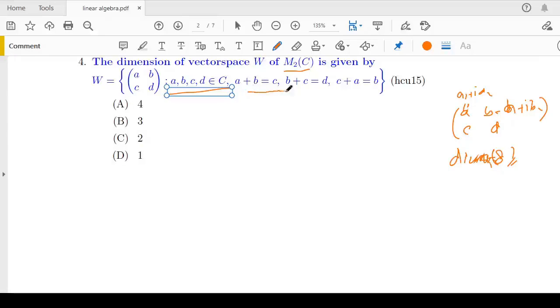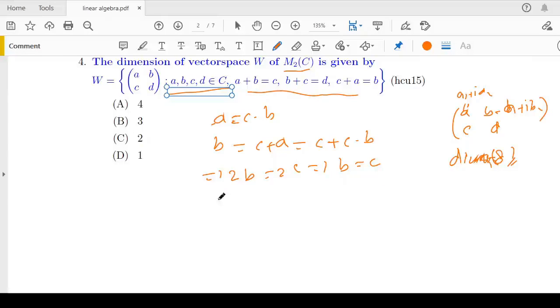Similarly, first of all, we have to solve these equations. Assume that A is equal to C minus B, and also given that B is equal to C plus A. But we know that A is equal to C minus B, substitute it: C plus C minus B. This implies that 2B equals 2C, so B is equal to C. Therefore, A is equal to C minus B, and since B is equal to C, substitute it.